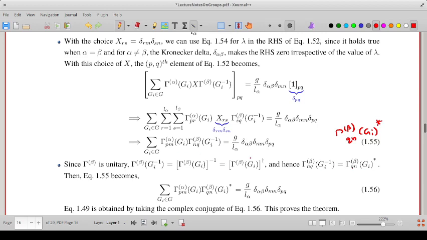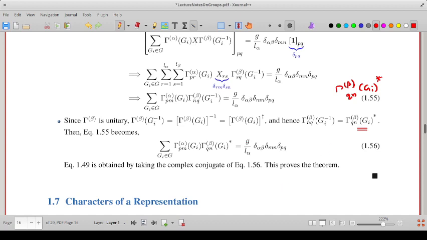And substituting this here in this equation, we will get sum over Gi gamma alpha pm of Gi times gamma beta qn of Gi star equal to G by L alpha, delta alpha beta, delta mn and delta pq. Now remember, the quantities on the right hand side are all real.